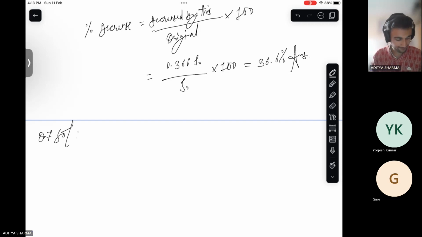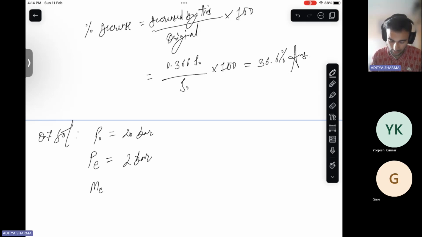Solution. So P naught is given to be 20 bars, right? P exit is given to be 2 bars. Then we need to find what is the Mach number at exit. This is the question, right?